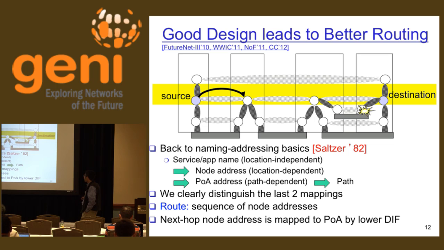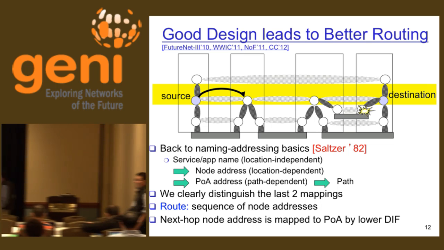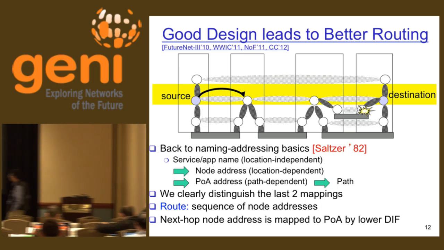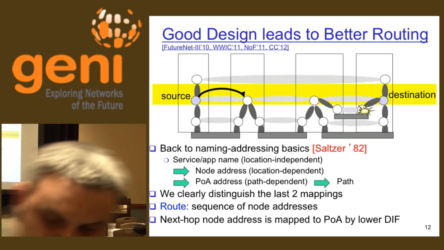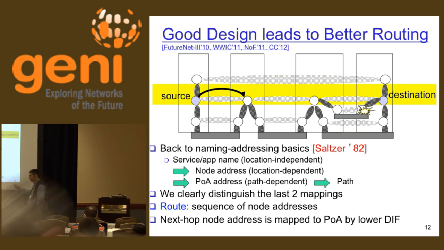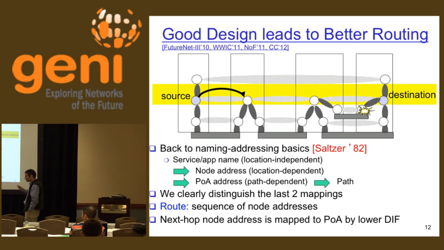That's all. The lower DIF will establish that flow by taking this node address and treating that as an application name, mapping this to a particular point of attachment, which is a low level address, and establishing that flow for me. And this is done recursively, right? So this guy could be actually using a lower layer DIF and so on, right? So there is no inter-domain.